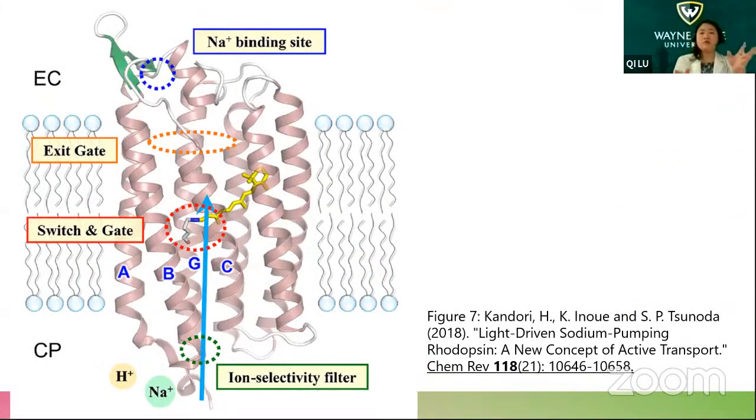For the rhodopsin structure, there are several parts that are very important for its function, like the ion selective filter, the Schiffer base, the protonized base linked with the lysine residue, and this is like the gate or the lock, and an exit gate and the extracellular sodium binding site.